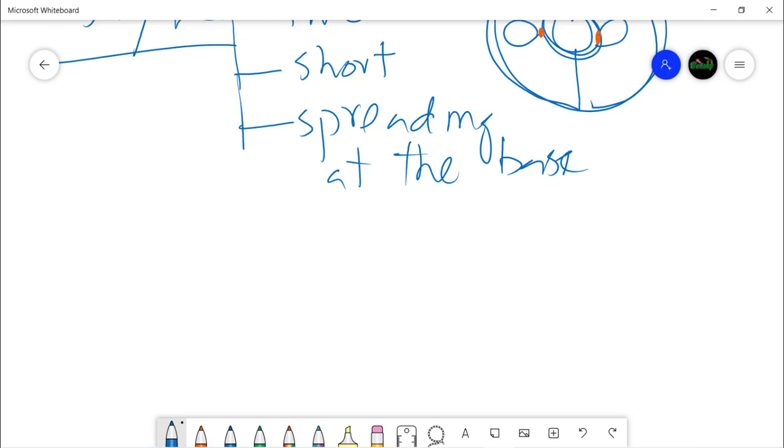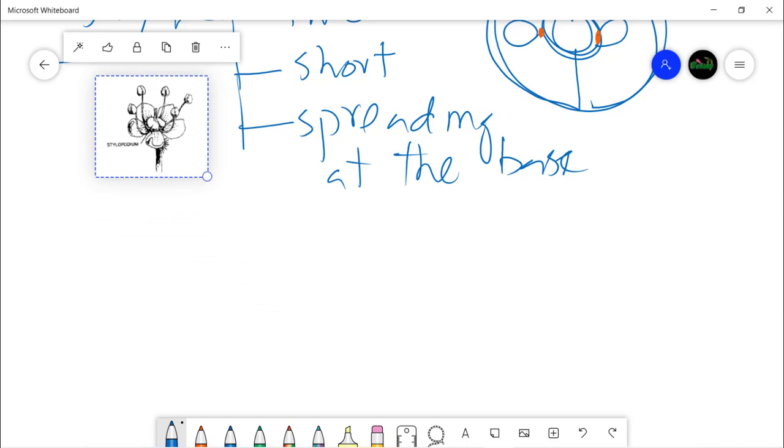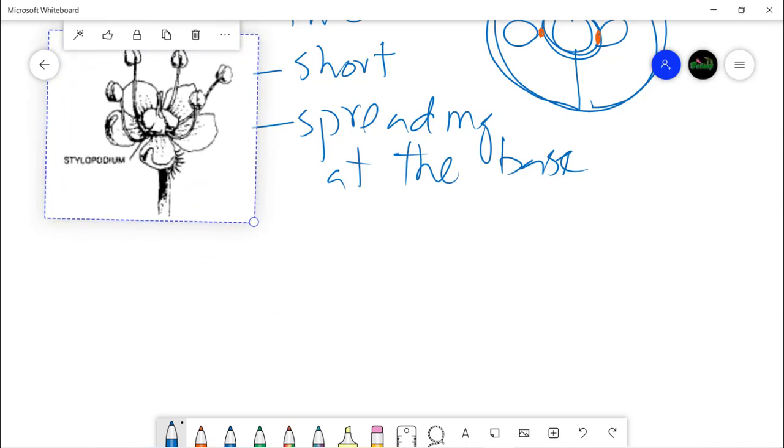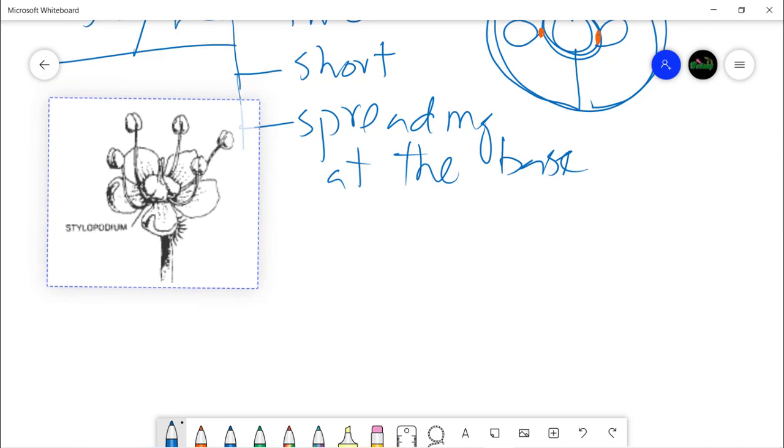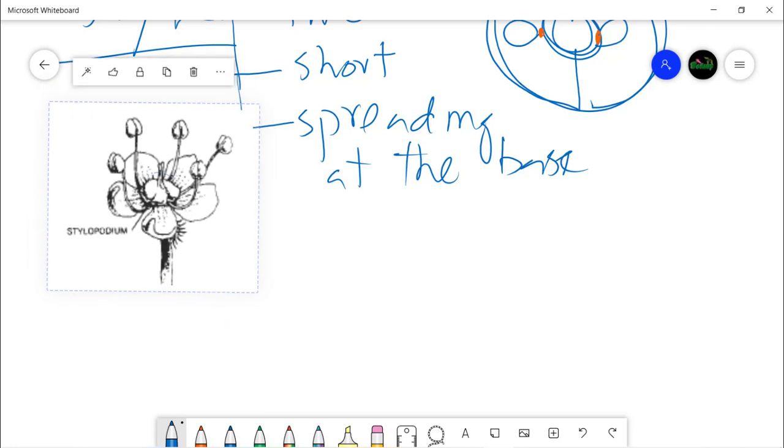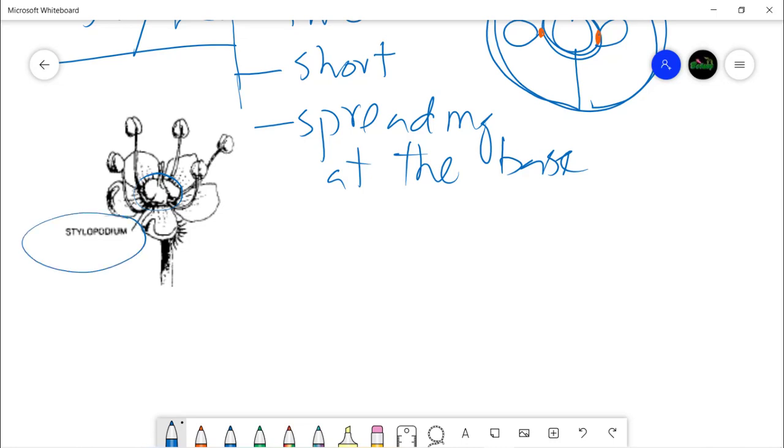So this is what it looks like. As you can see in this particular diagram, this is a flower of family Apiaceae, and this is that disc-like structure. It has been formed by the spreading or expansion of the styles. So it becomes a disc-like structure at the base, and this is what is known as stylopodium.